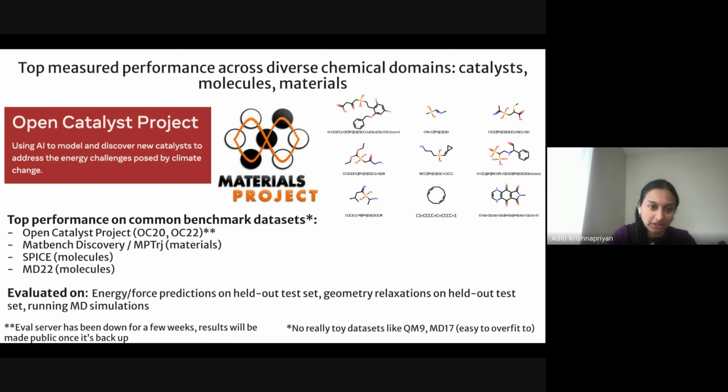So we didn't account for things like denoising objectives. And so this model ends up being the top, as you measure it by the very specific metrics that these different data sets use, like energy force predictions or geometry relaxations on these catalyst materials and molecules data sets.